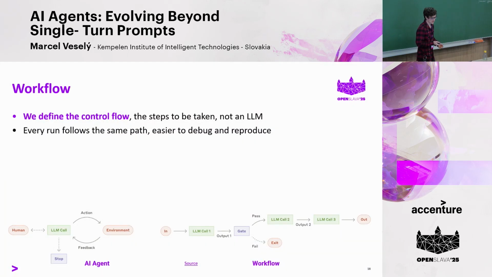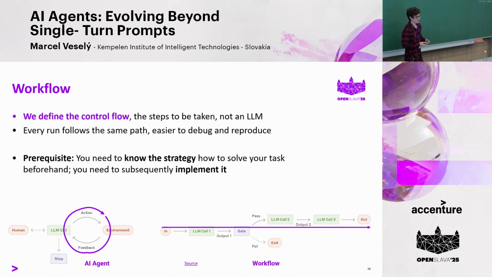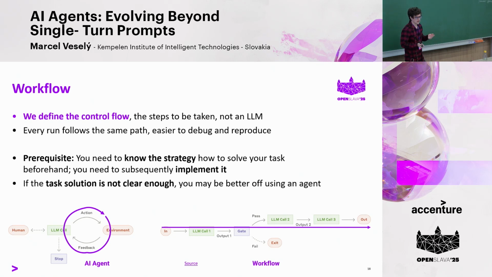In workflows, we define the control flow rather than leaving it to the AI agent. And so now every run follows the same path. It's easier to debug and reproduce. There are some prerequisites associated with implementing a workflow. Obviously, we need to know the strategy, how to solve the task, because if it's something that you can't even begin to comprehend or know how to solve, then you're better off using an AI agent.